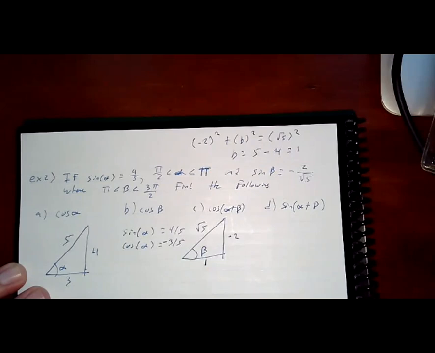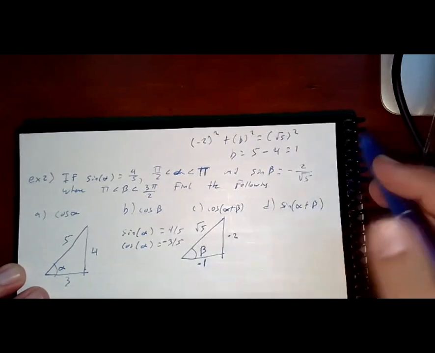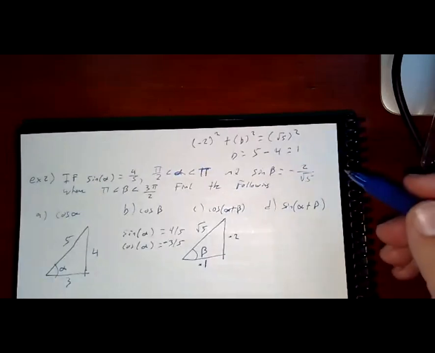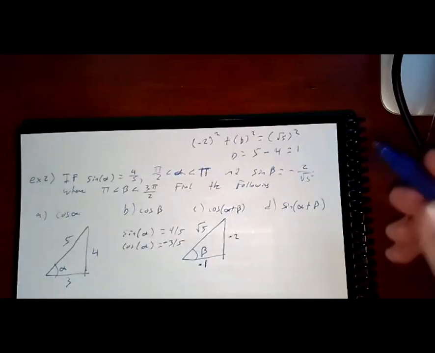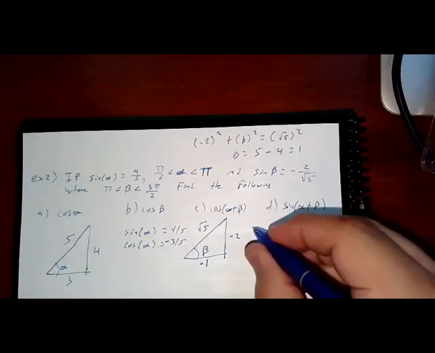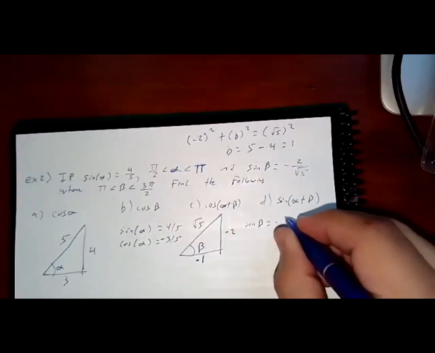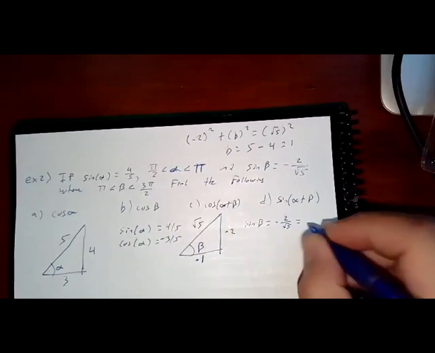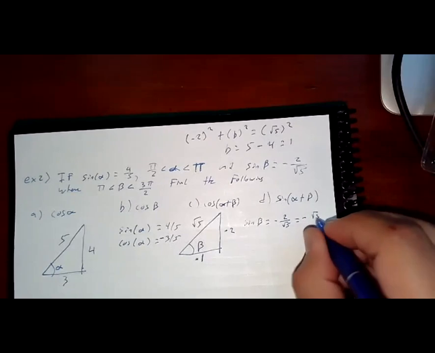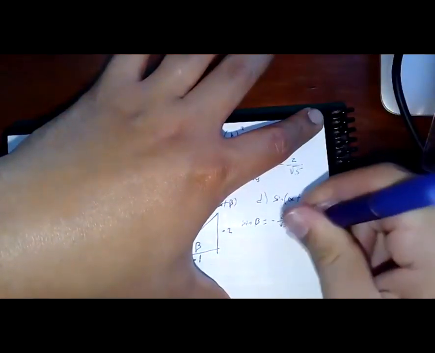Technically, it'll be -1 when you do the square root stuff, but we already know that sine and cosine are both negative, so we don't have to worry about this. But here we go. So sine beta is -2 over root 5, which is the same as -root 5. Oops. Make this a little bigger.